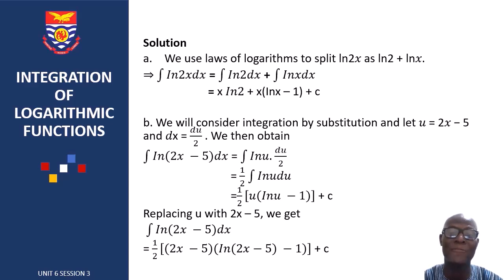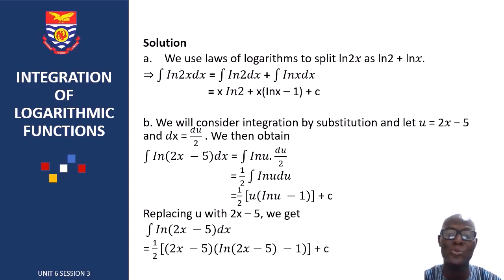Now we have half as a constant, so we bring it out. Then we have half the integral ln u du. Now ln u du is the same as ln x dx. So therefore, we have 1 over 2 u into braces ln u minus 1, then plus c.